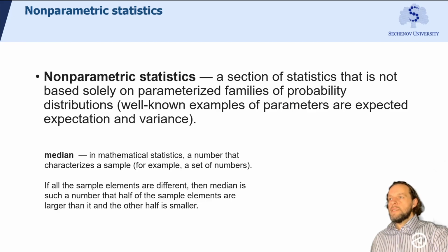For example, median is, in mathematical statistics, a number that characterizes a sample. If all sample elements are different, then median is such a number that half of the sample elements are larger than it and the other half is smaller.